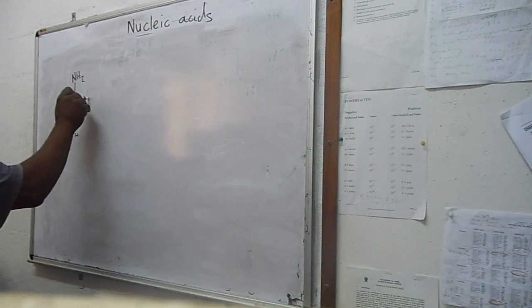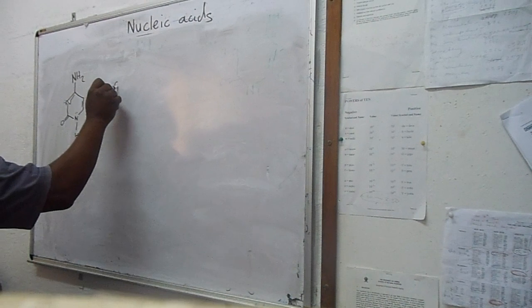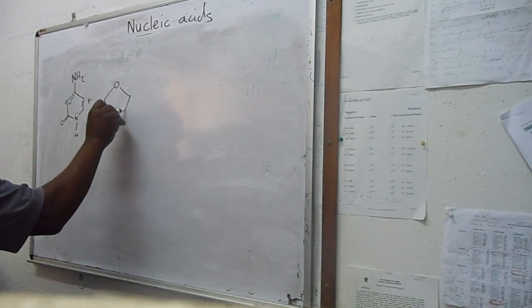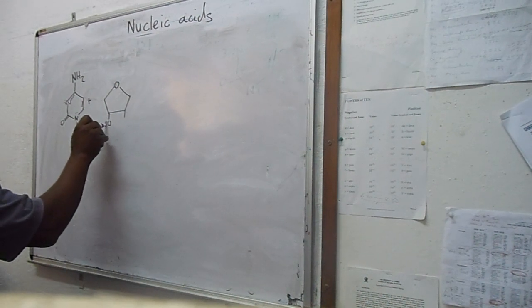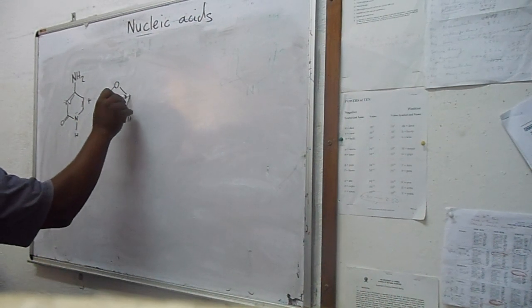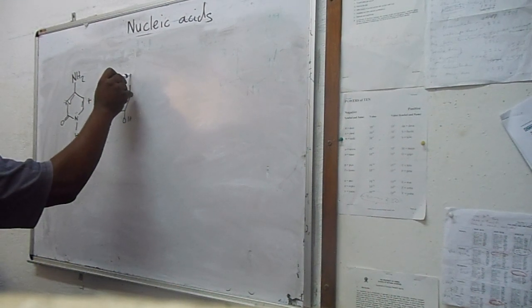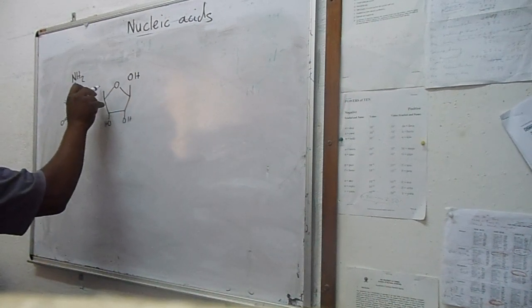Now, if I react cytosine with a ribose sugar, that is our ribose sugar.